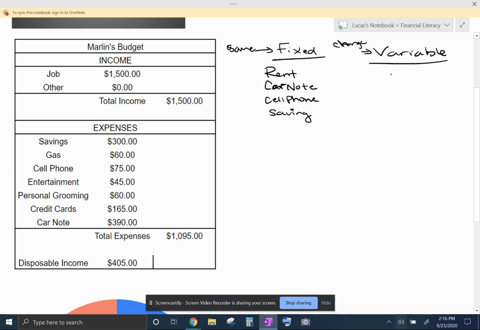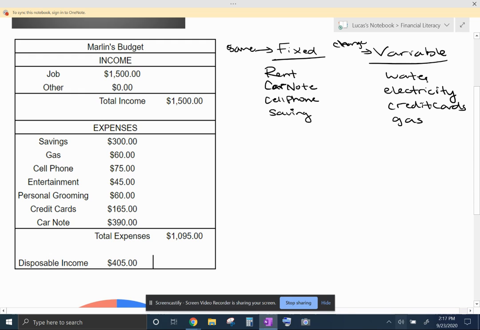Variable expenses could be like your water bill, your electric bill or electricity bill, sometimes your credit cards will change. Gas expense.